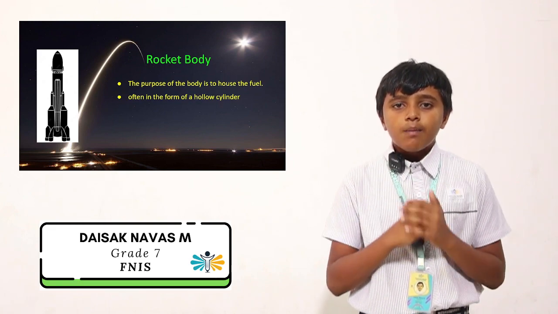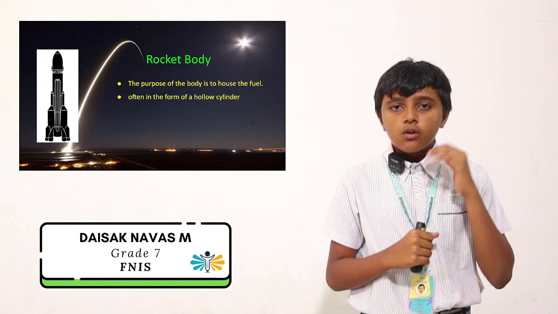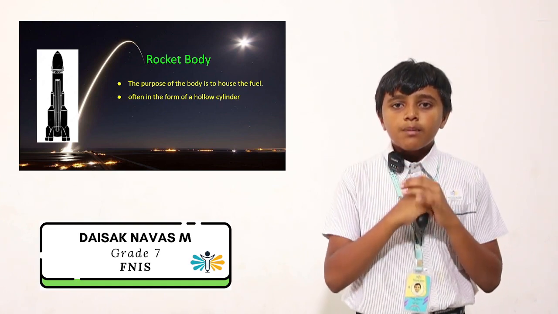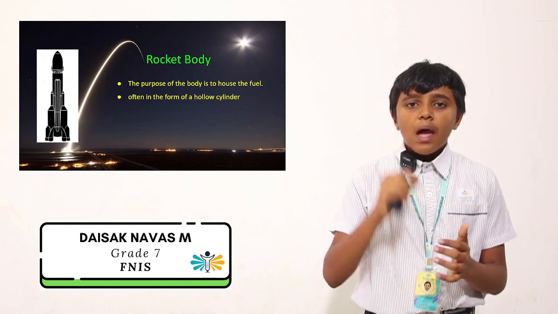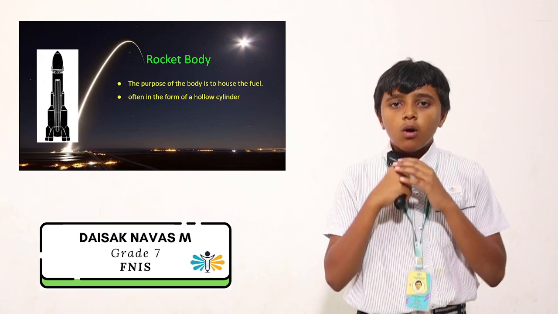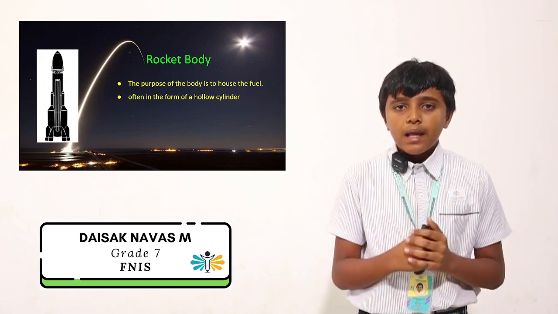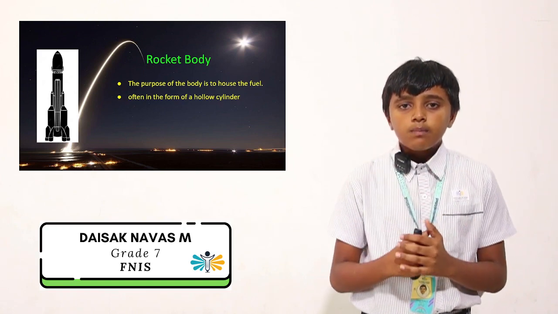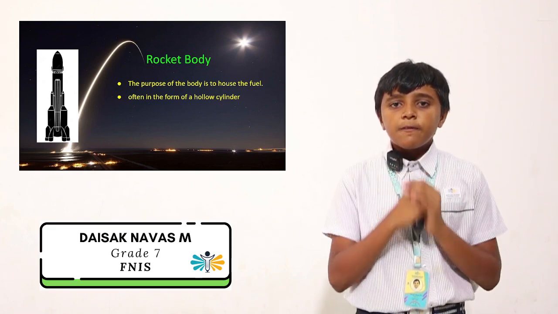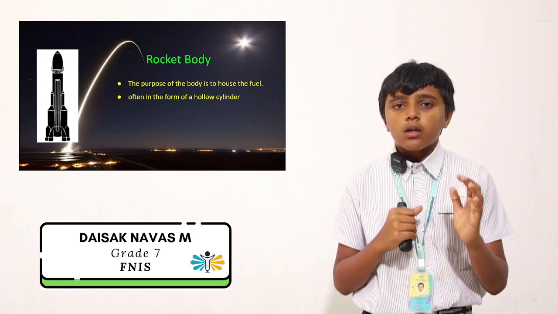A rocket must withstand the strong forces during launch and be as light as possible. So, for the main frame, most rockets use aerospace grade aluminum or titanium, since both metals are very strong and lightweight. The rocket propellants and rocket engine are there in this rocket body. Fins are also attached to the rocket body.